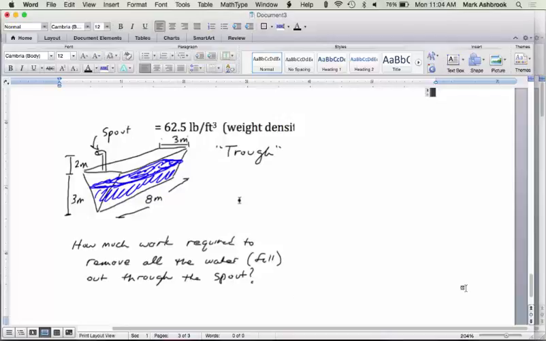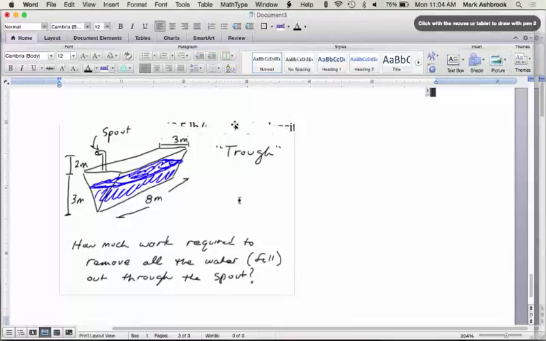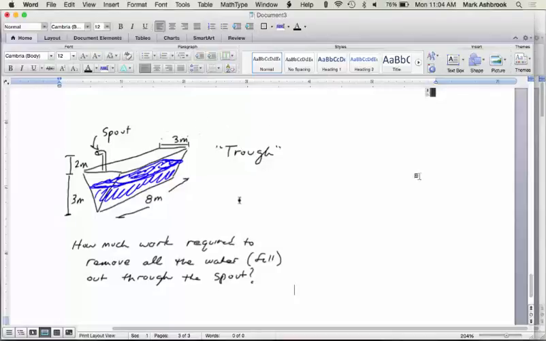And so this one is in meters, so we can erase this. Just notice that the picture is for when we're about halfway done.